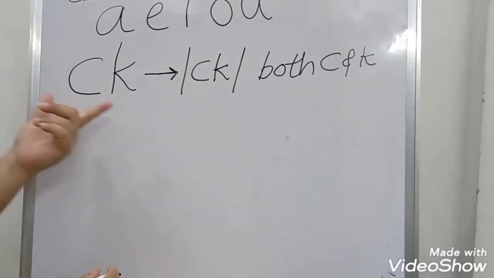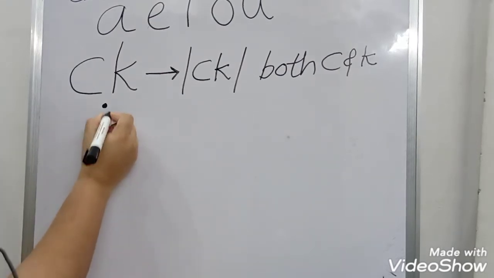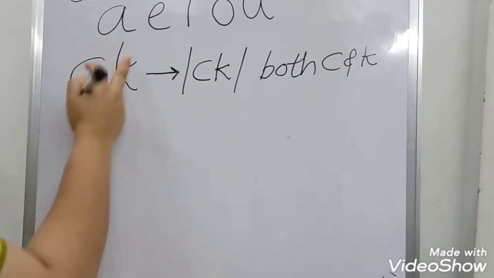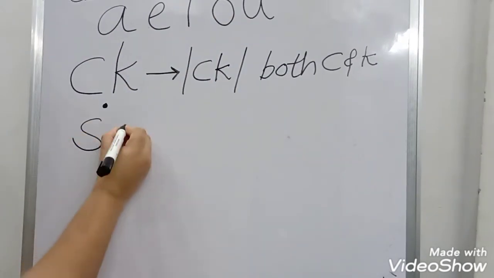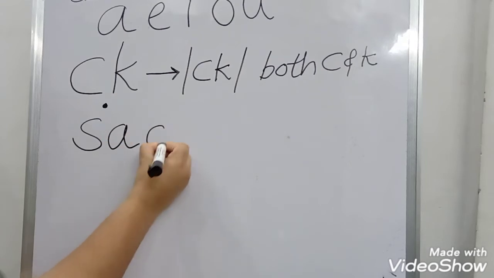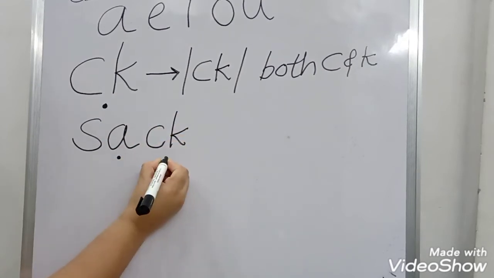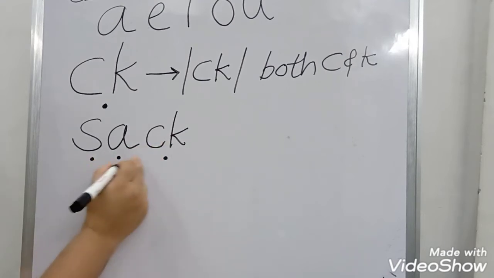For you to understand this concept, I'm going to give you a few example words. I will use all the vowels in these examples, going in order. First one is hack, sack: a vowel followed by K sound, so we are writing both C and K. Sack.